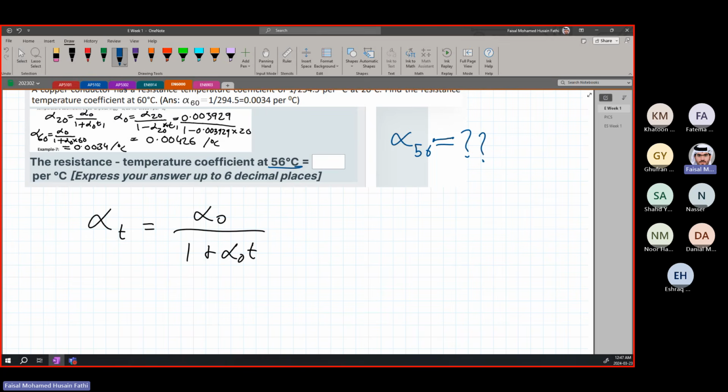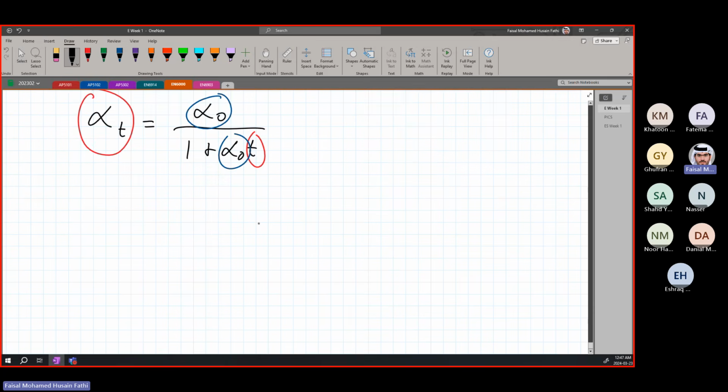We are given alpha T, at a known temperature, but we need to find alpha 0. So we have to rearrange this equation to solve for alpha 0 before anything. So if we get into rearranging, we're going to cross multiply: alpha T into 1 plus alpha 0 T is equal to alpha 0.